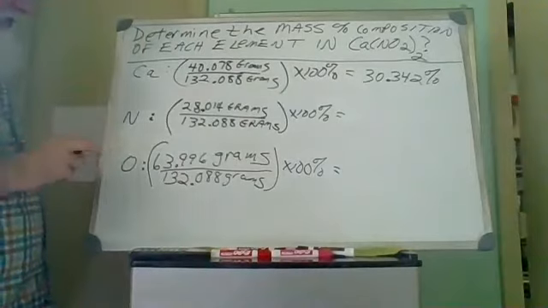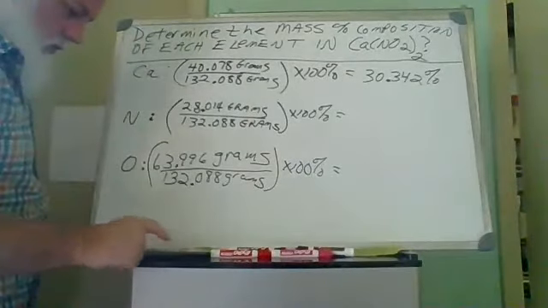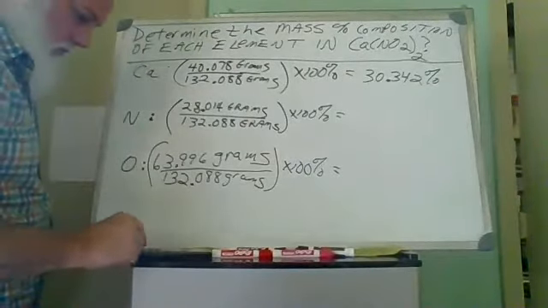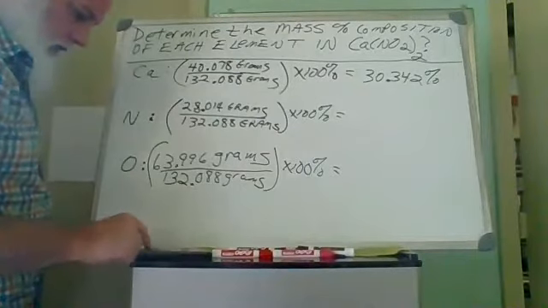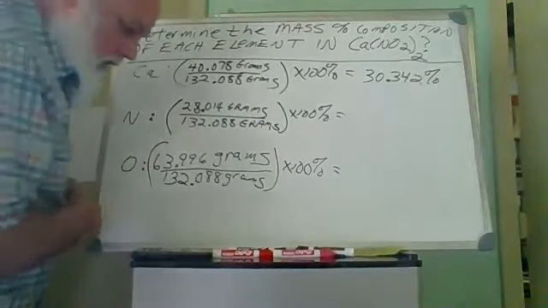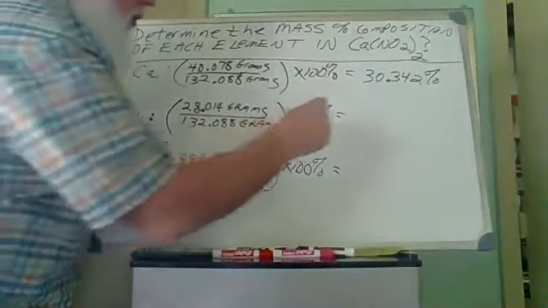So for nitrogen, 28.014 divided by recall 1 equals times 100 equals. All right, and I get 21.209%.